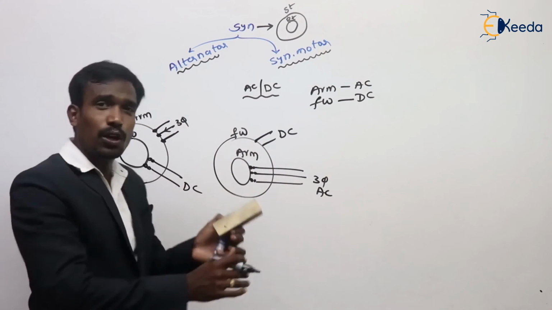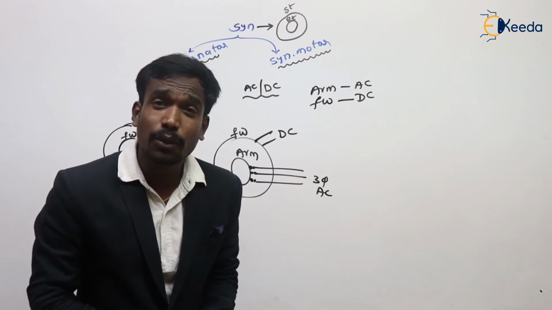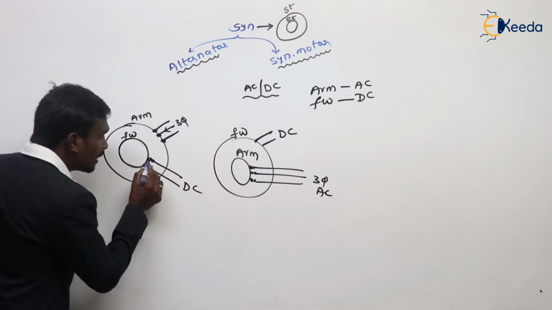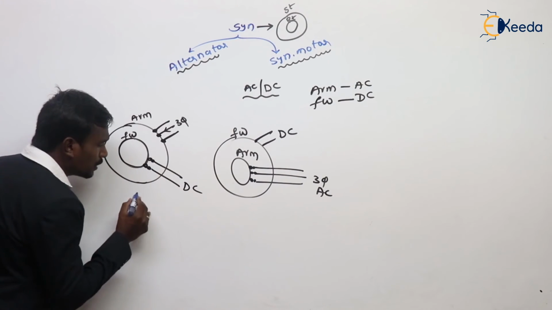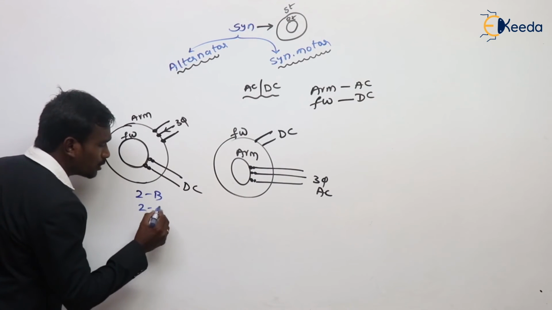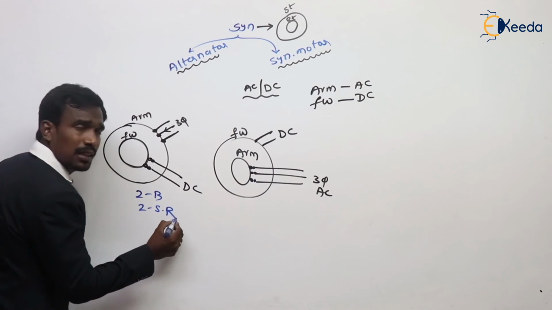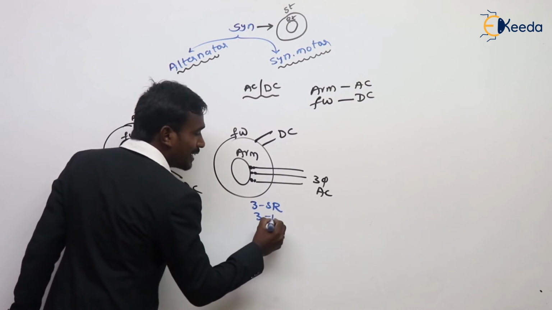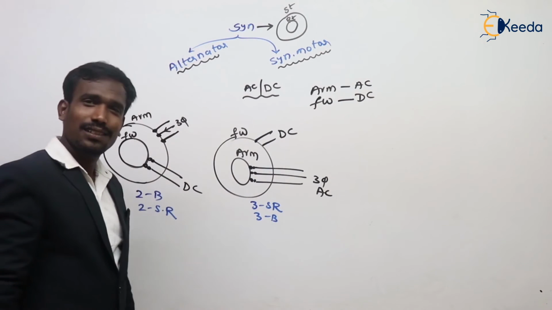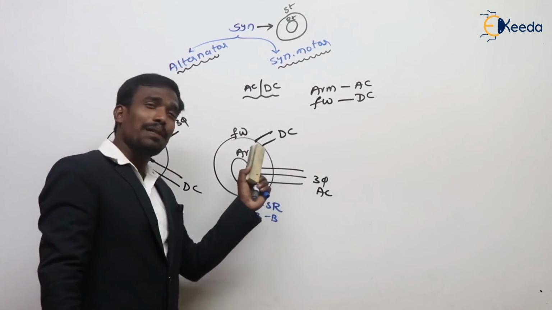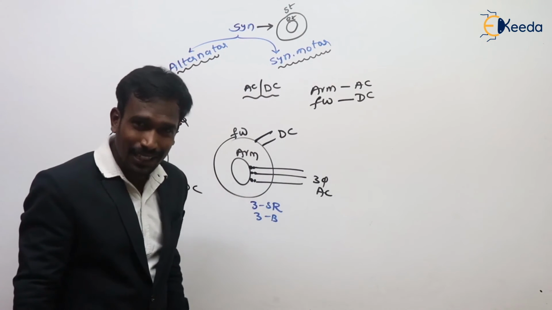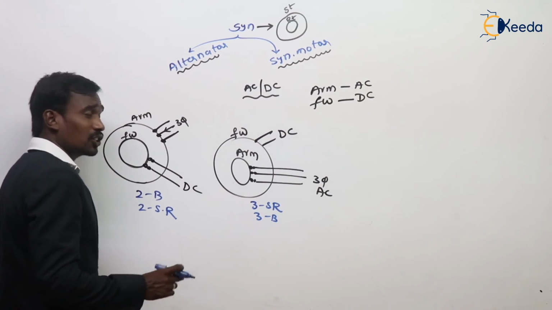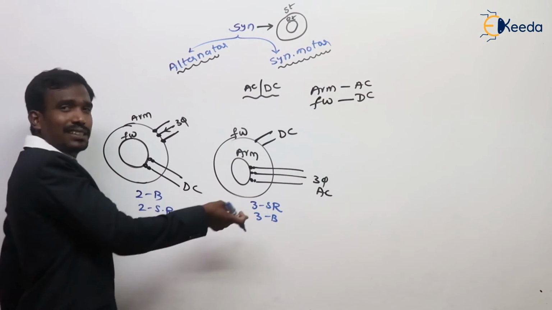Now tell me, which is more preferable? Here I want two brushes and two slip rings. But if the armature winding is placed on the rotor, I require three slip rings and three brushes, more than this.